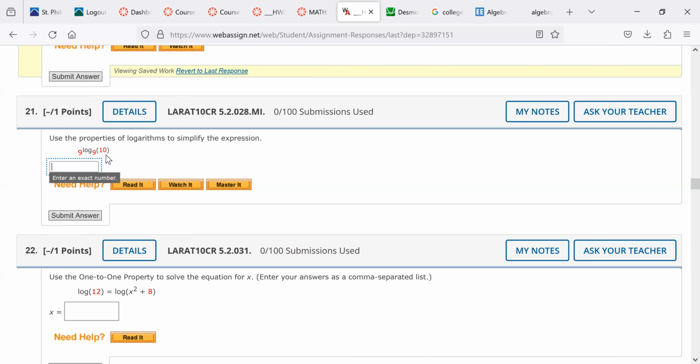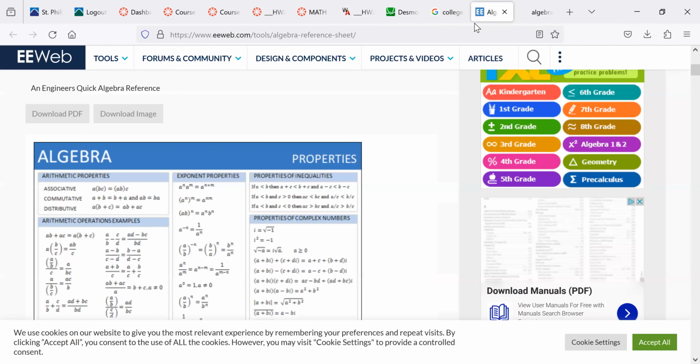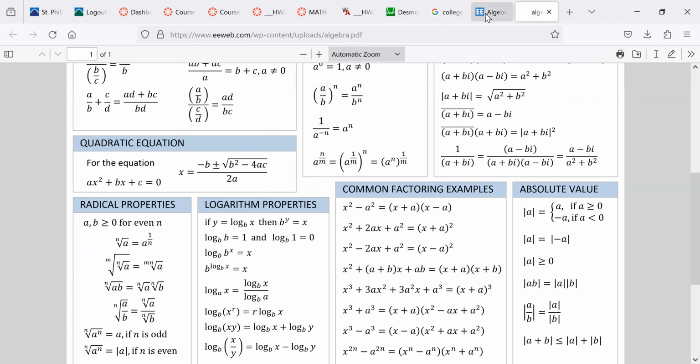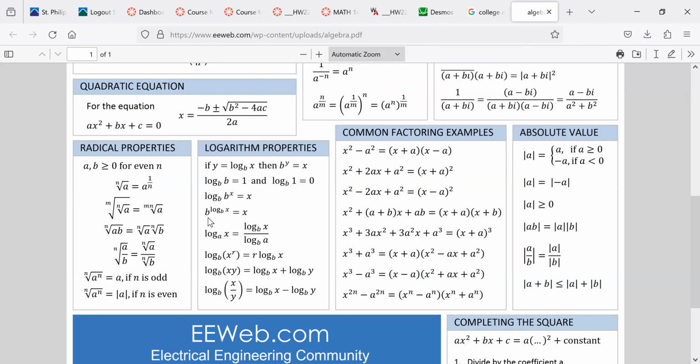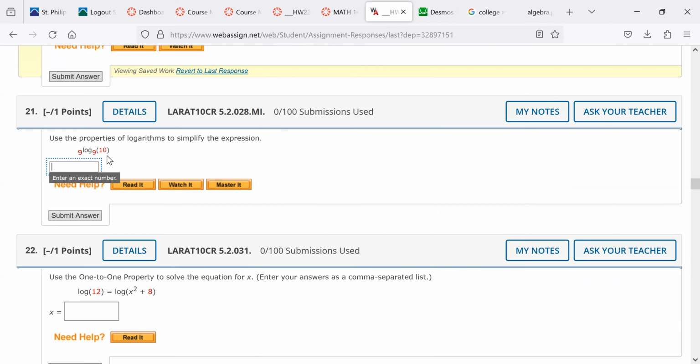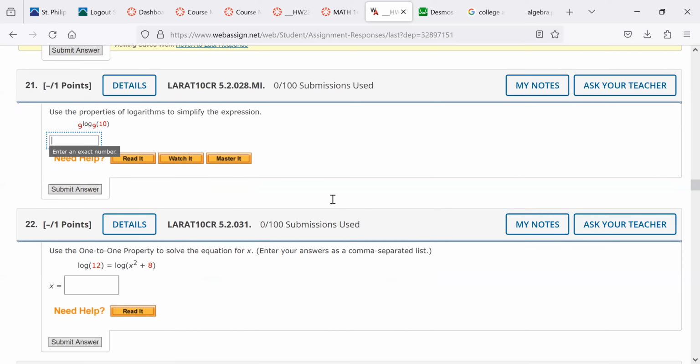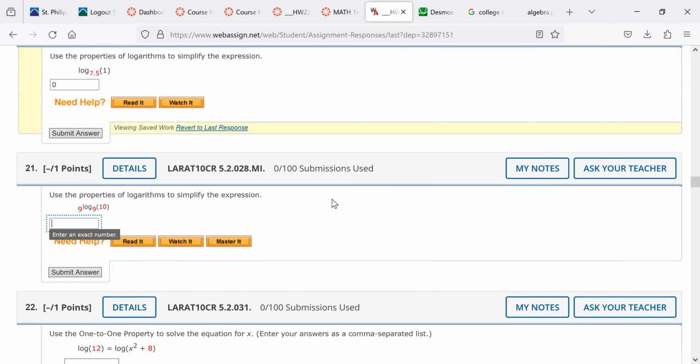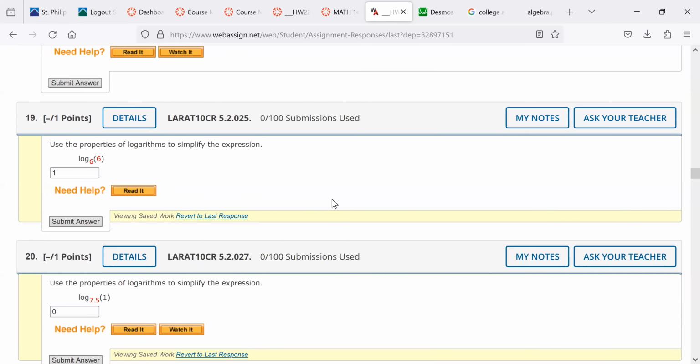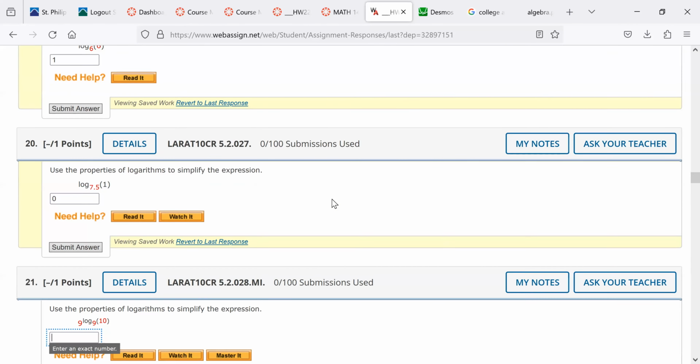Yeah, it's just going to be the argument 10. So look at the formula sheet. That one. See, if it's b to the log base b, those get undone, leaving you with x. Our x happens to be 10. Any questions on 19, 20, or 21?